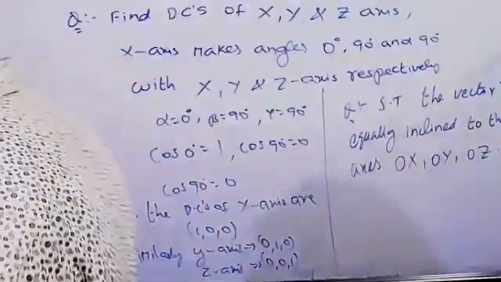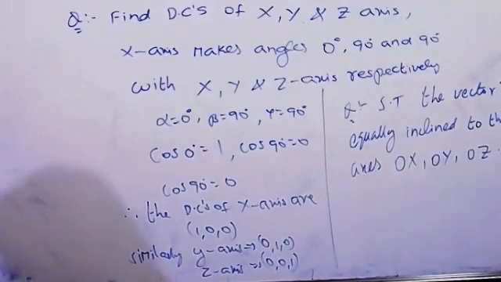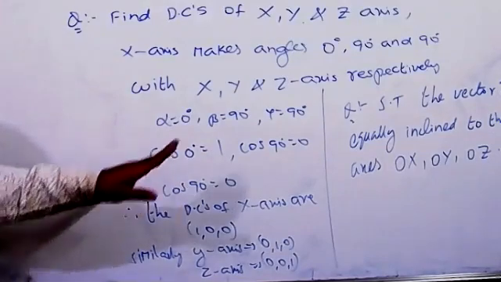Show that the vector i plus j plus k is equally inclined to the axes Ox, Oy, and Oz. That's all, the question now. First, copy this question now. Later, we will do that.